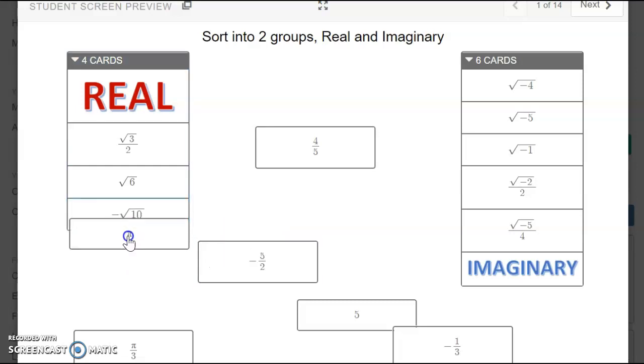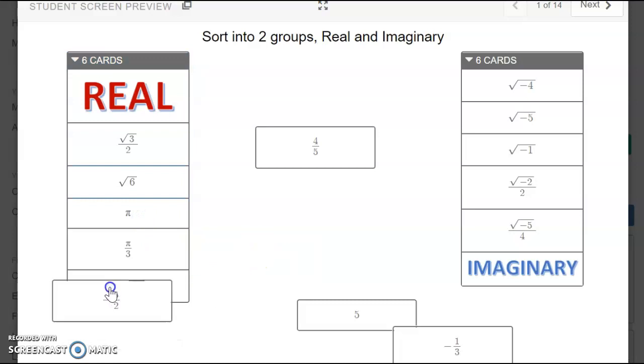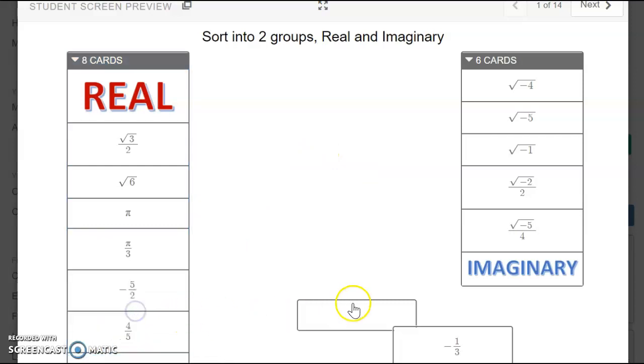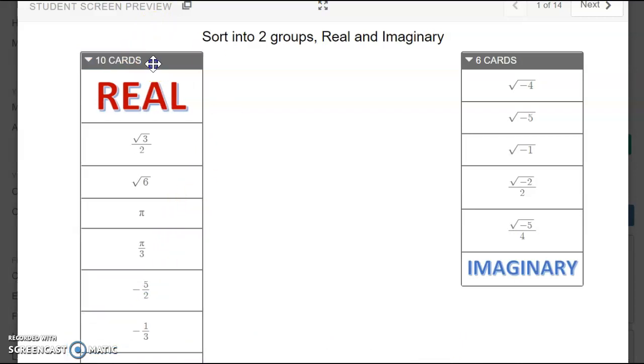Remember, it's a decimal that goes on forever. And similarly, pi over 3 will be a real number, and 5 over 2 will be a real number, and 4 over 5 will be a real number, and 5 will be a real number, and negative 1/3 will be a real number. So you have 10 real numbers and 6 imaginary numbers.